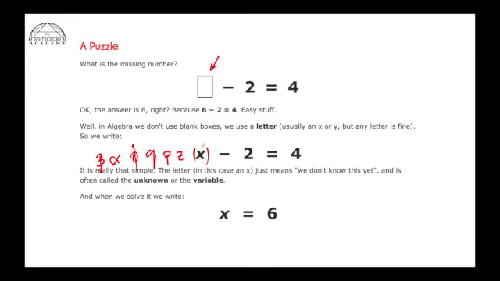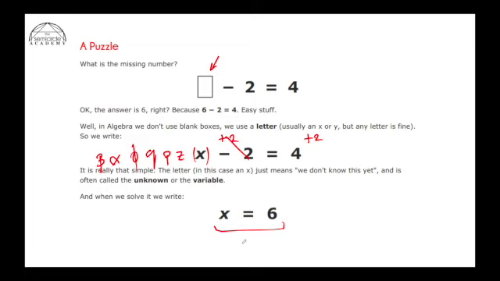You could use any symbols, but they just represent an unknown. That's all. And we see here that we have some unknown minus 2 is equal to 4. Well, in this case, we just want to add 2 to both sides of the equation. That'll get rid of this 2, and we'll end up with x is equal to 6.